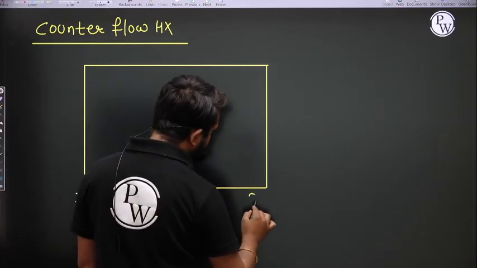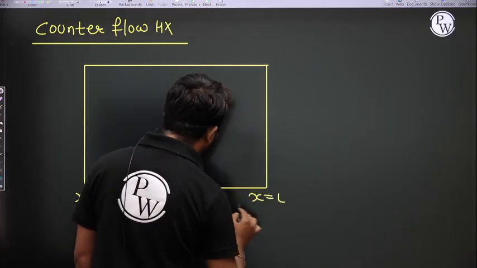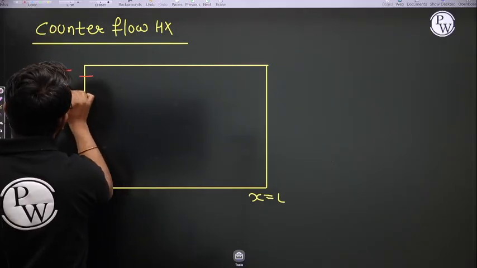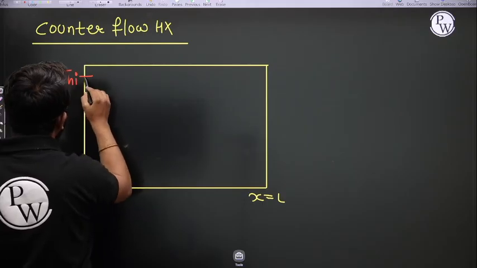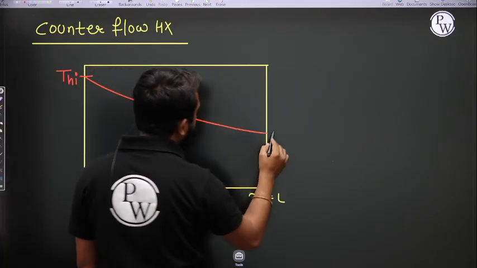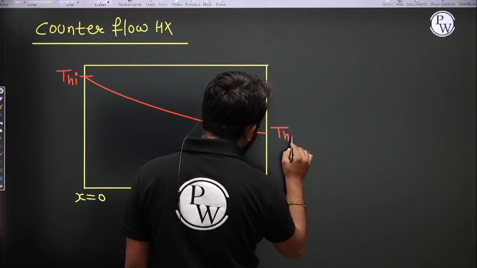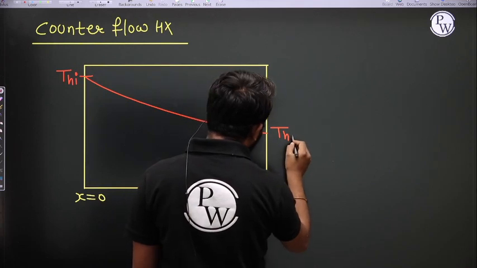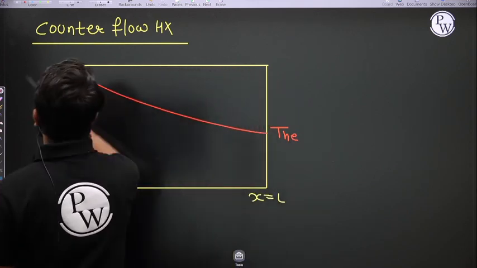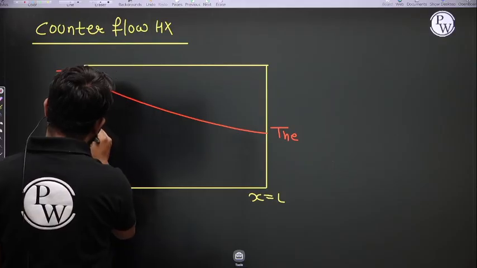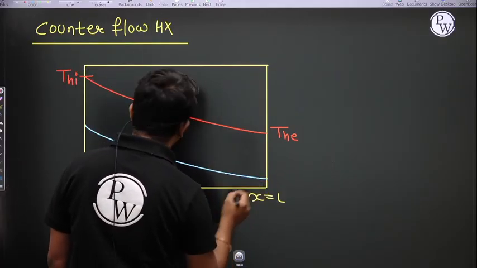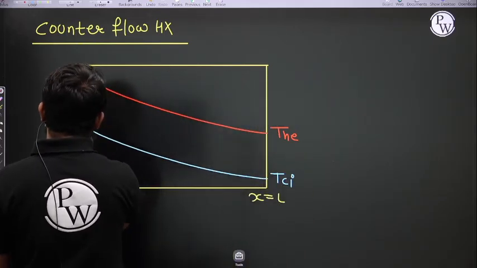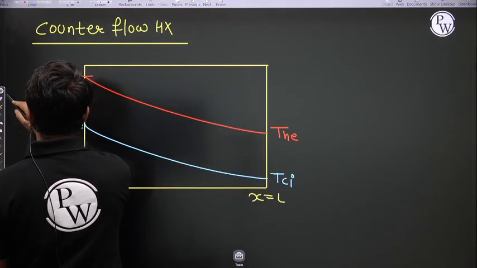This is x is equal to L. This is the inlet temperature of the hot fluid, this is the exit temperature of the hot fluid, and this is the inlet temperature of the cold fluid, and this is the exit temperature of the cold fluid.